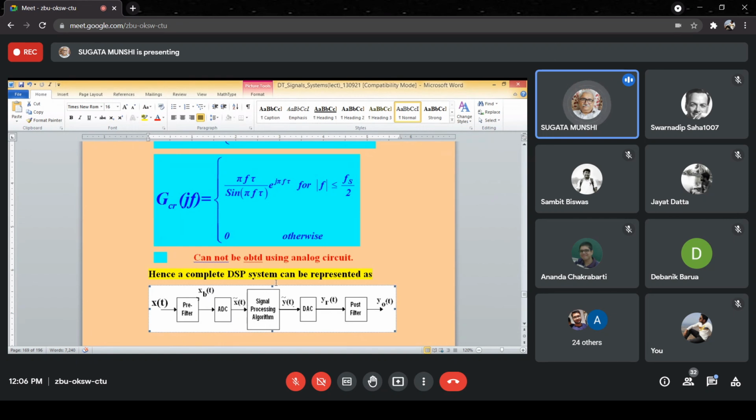But in an actual signal processing system, obviously, after the digitization, there will be some processing by some signal processing algorithm. So Y hat will be the processed discrete time signal. That can be converted to an analog signal y_r(t) and then post filtered to yield y_o(t), or you can place a compensated reconstruction filter prior to the DAC.